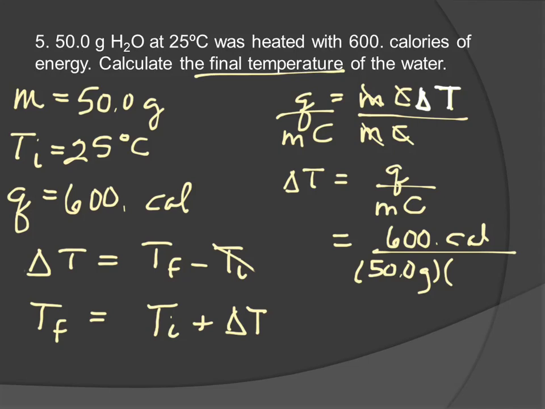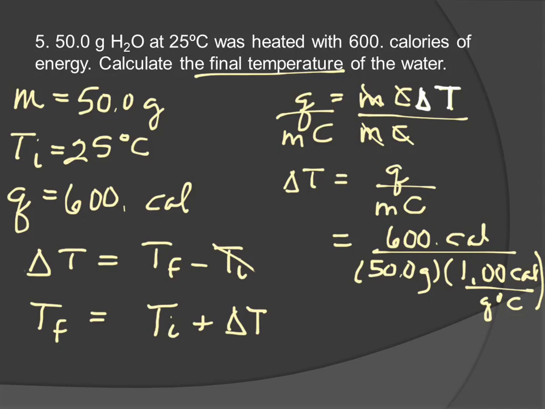Your book is very fond of joules and uses a lot of joules per gram degree Celsius. In lab, we used calories, and this is 1 calorie per gram degree Celsius. So that you'd have to go look up. On an exam question, it would be given to you.